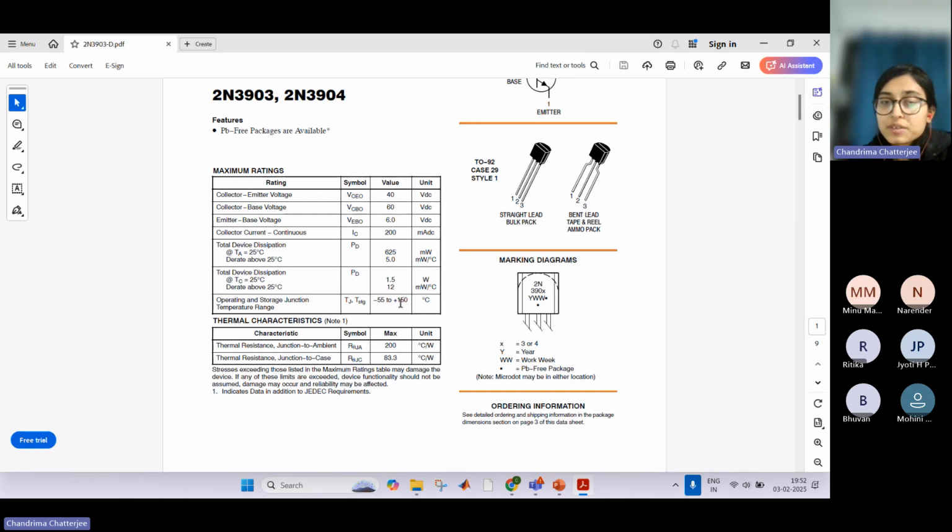For that, you select a heat sink whose thermal resistance is such that the total junction temperature rise stays within 150 degrees. That's why this data is given here.